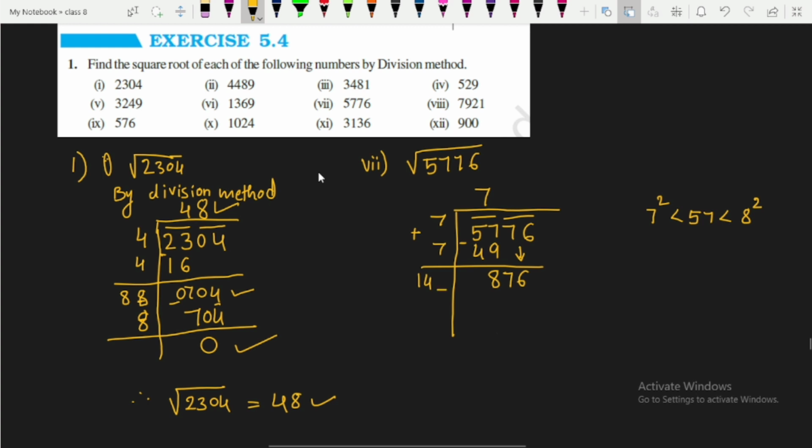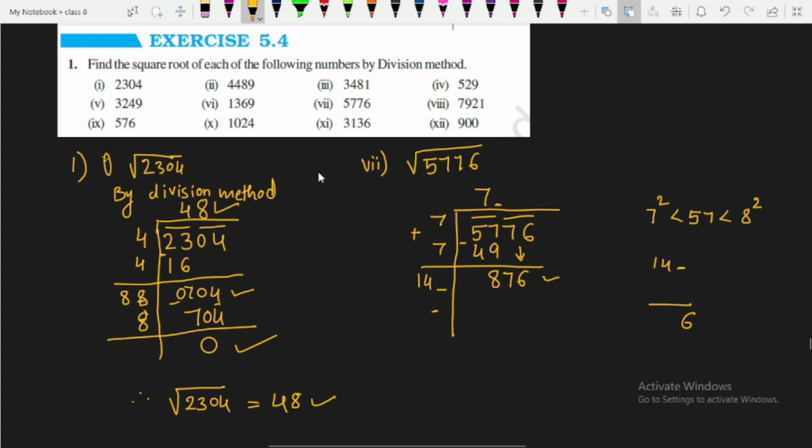Now choose the number here, and that number only you are going to write here also, and in the quotient place also. So you should get close to 876 or below that. Here the unit place is there, so 140. When you take a number here and multiply, the unit place should be 6. What is the number you can choose here? Guess the number.